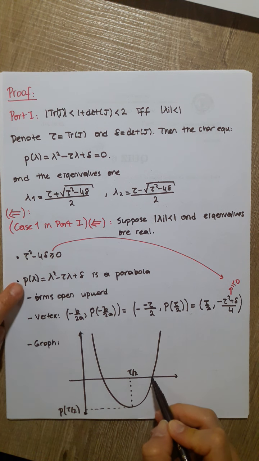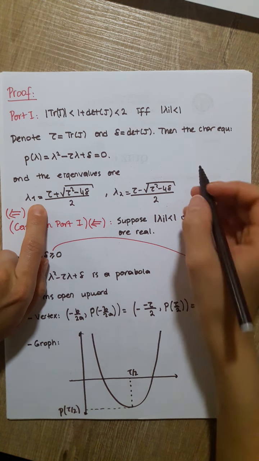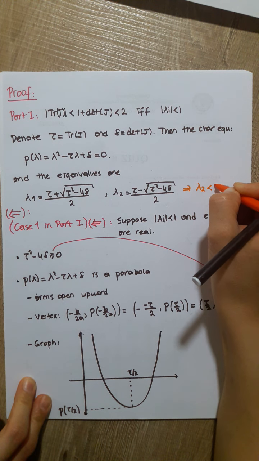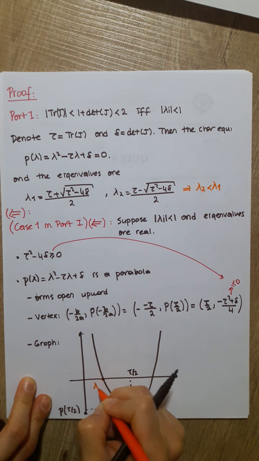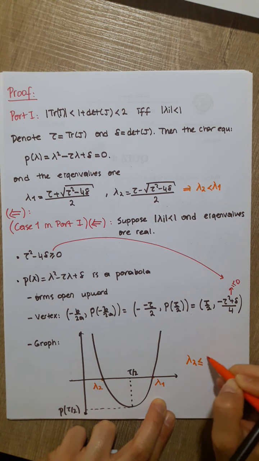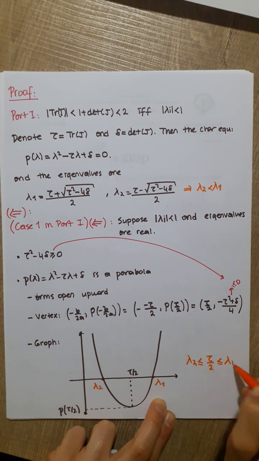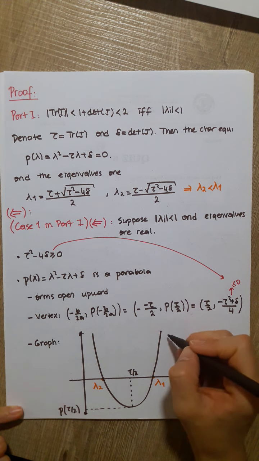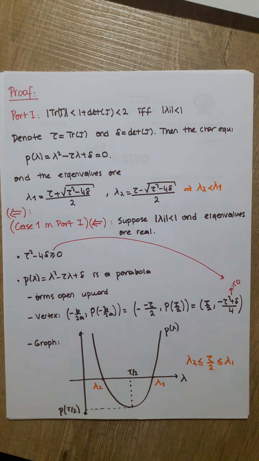And they are roots of P lambda, which are lambda 1 and lambda 2. And from here you can directly see that lambda 2 is less than lambda 1. So this is lambda 2, this is lambda 1. And I can write that lambda 2 is less than or equal to tau over 2 and it is less than or equal to lambda 1. As you can see, this is a real line. We have lambda here, P of lambda here. So I will continue from there.